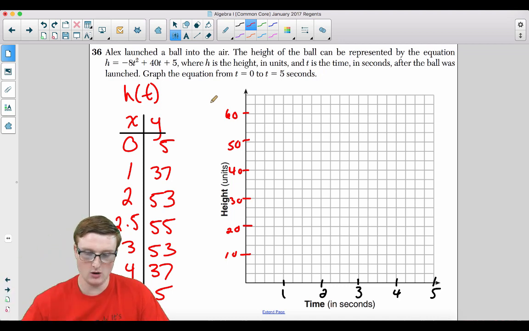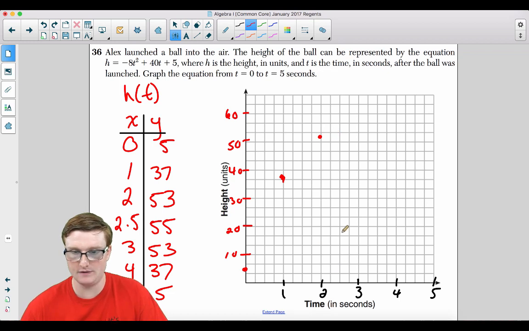So 0 at 5, so it's about here. 1 is 37, that's around here-ish. 2 is 53, somewhere around there. At 2.5, that's going to be 55. That's about there. I'm just going to repeat the process on the other side.